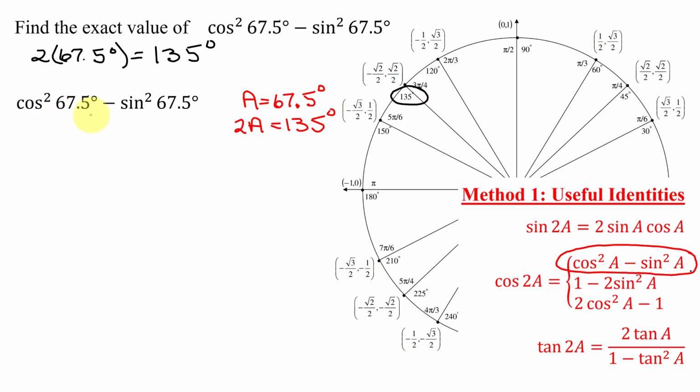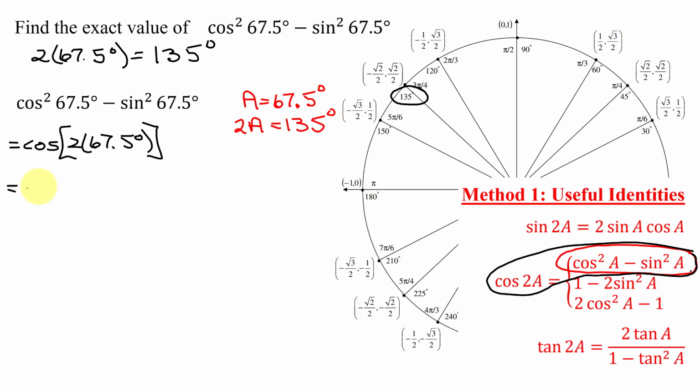So my given expression here, using this identity over here, can be written as the cosine of 2 times 67.5 degrees.